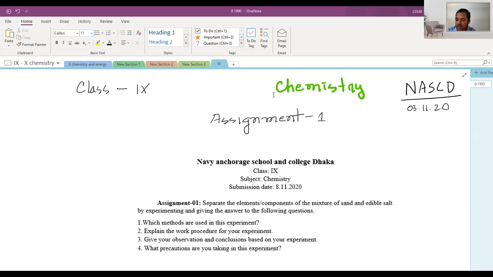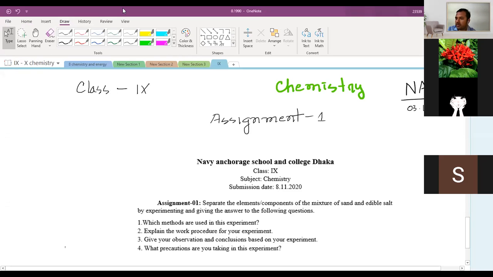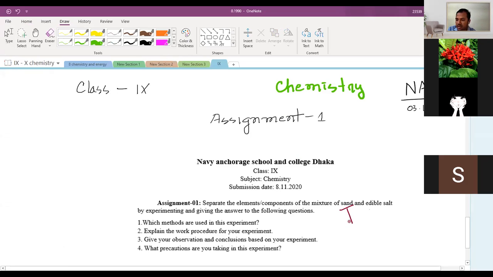For that, you have to know the nature of sand and the nature of salt. Salt here means soluble salt, which indicates sodium chloride. Edible salt is sodium chloride. Sand indicates sand particles, which is silicon dioxide.